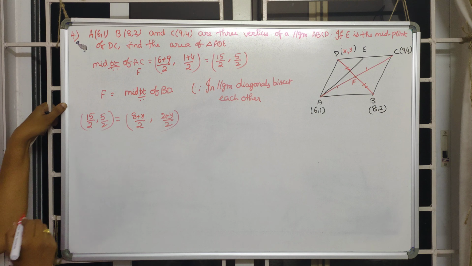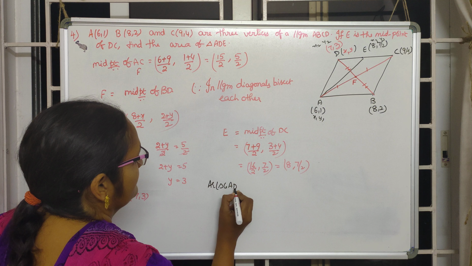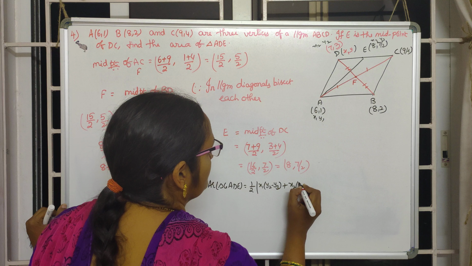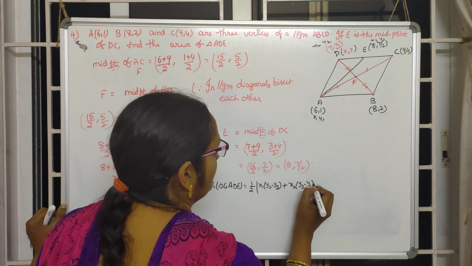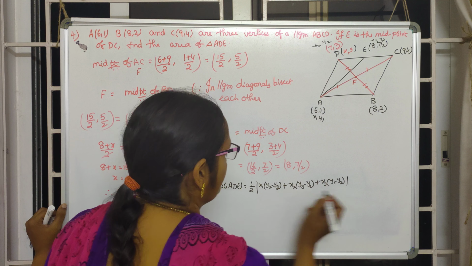Let this one be x1, y1. Let this be x2, y2. Let this be x3, y3. Now, area of triangle ADE equals half modulus of x1 into (y2 minus y3) plus x2 into (y3 minus y1) plus x3 into (y1 minus y2).